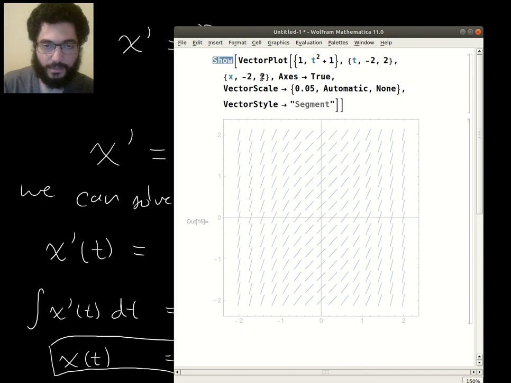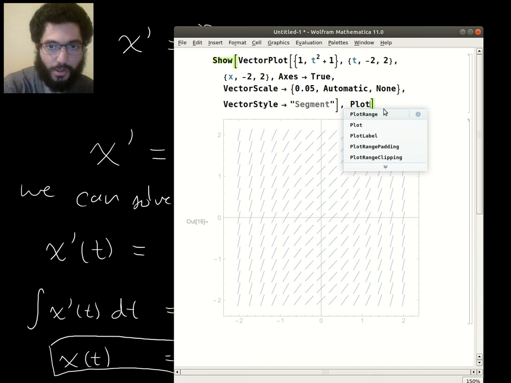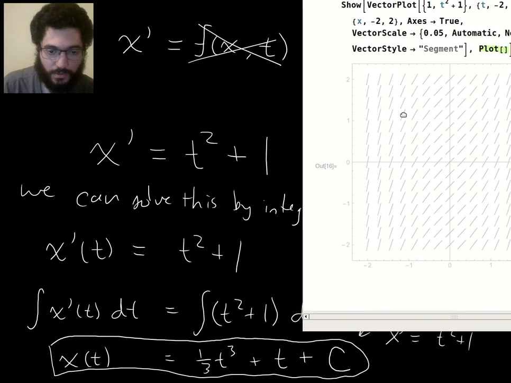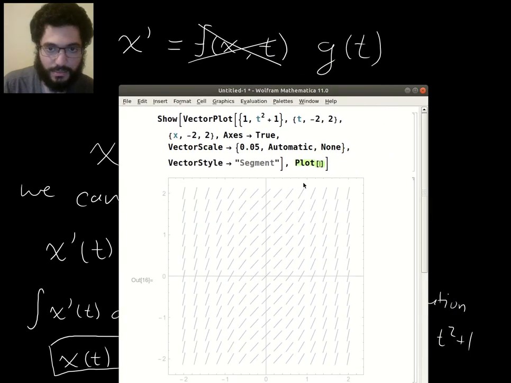So here I've wrapped everything in a show, and I'm going to add a plot, and that should show both the slope field and the solution plot in the same picture. My solution was 1/3 t cubed plus t plus c.